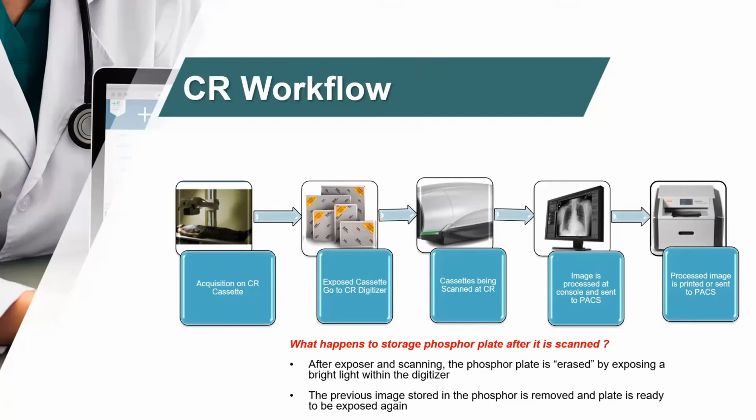The digitizer processes the image, and it is then sent to the PACS and later printed. There is a phosphor plate in the cassette. What happens to the phosphor plate after the image is produced? The digitizer erases the image after it is acquired, so that the plate can be used for the next scan. Next slide, please.